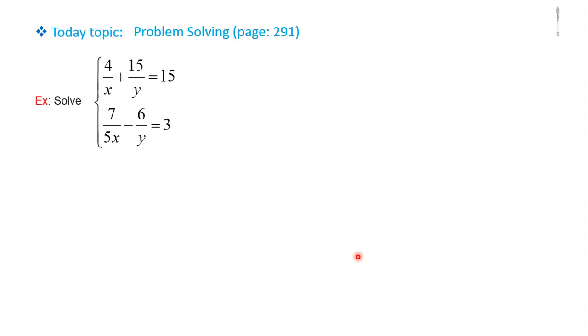Okay, moving to our lesson today, which is about problem solving on page 291 in our textbook. We need to solve the simultaneous equation in this form. In the warm-up portion I showed you index form, but this one is a fractional equation, and the denominators are the variables x and y.